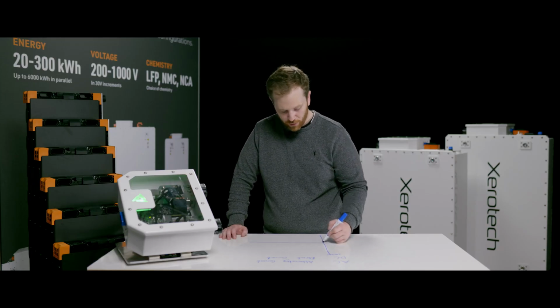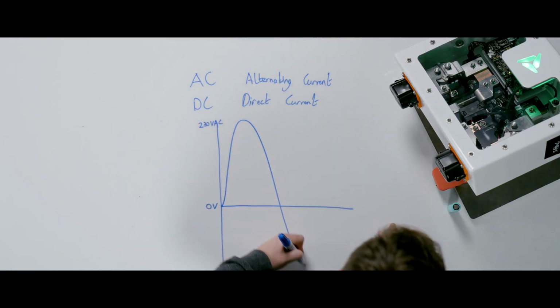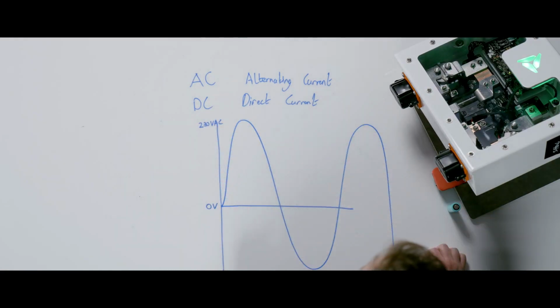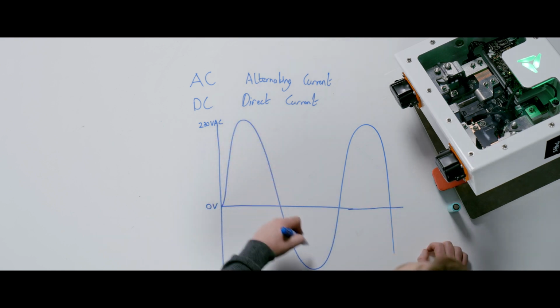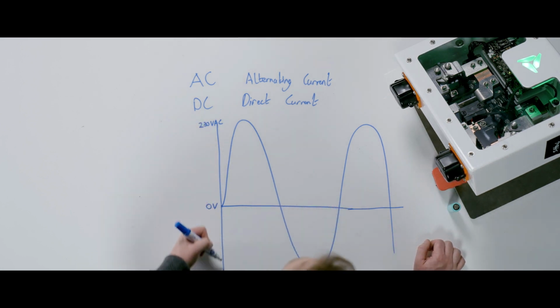That means that it's alternating from plus 230 volts AC negatively down, up and down in a sinusoidal fashion like this. And the current that flows will follow this sinusoidal wave. So it's going from positive 230 to negative 230.